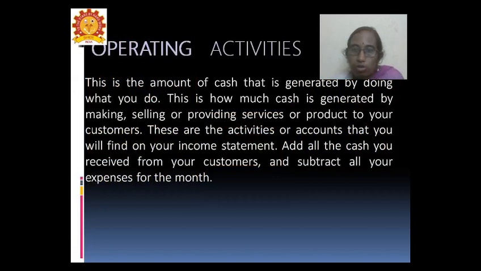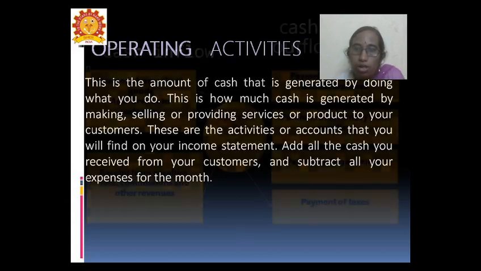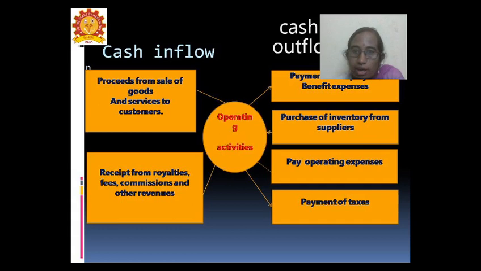Next, looking at the operating activities, it is the amount in which the operational activities are going to be taken into consideration. This is going to be giving the activities of the accounts which is taken from the income statement, and what are the incomes received and what are the expenses that are incurred has to be taken into the operating activities.